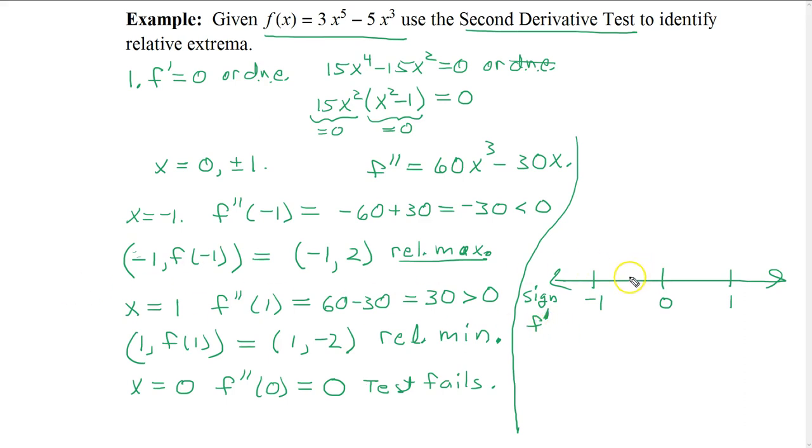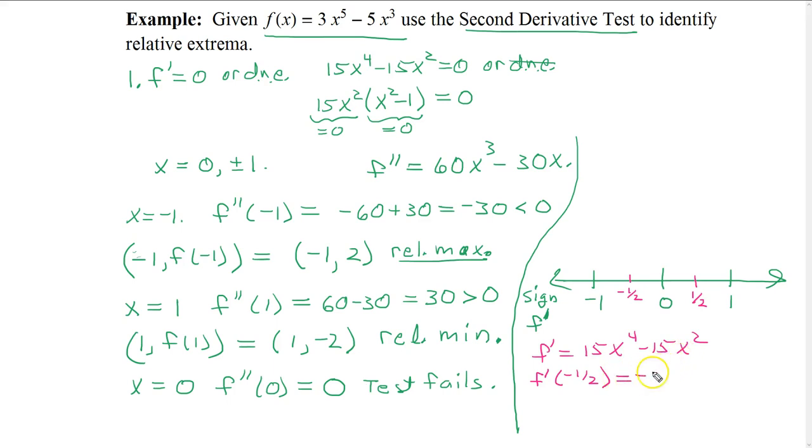So we'll pick test numbers like -1/2, +1/2, put these numbers back into the first derivative right here, and then see if we get back positive or negative numbers. So f prime is equal to this, and if we evaluate f prime of -1/2, putting -1/2 in here for x, you can evaluate that on your calculator.